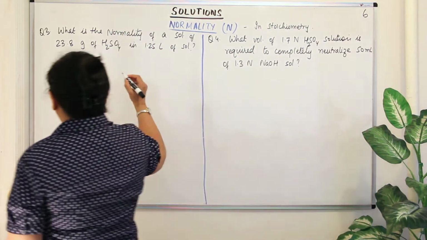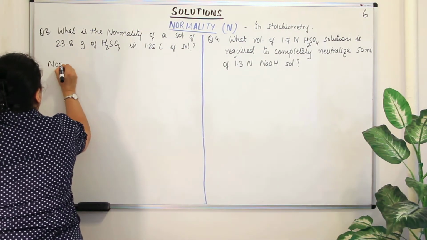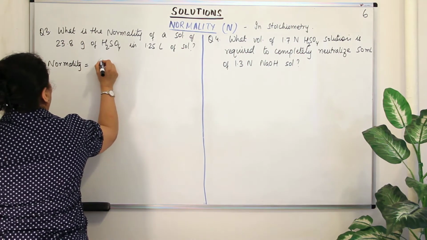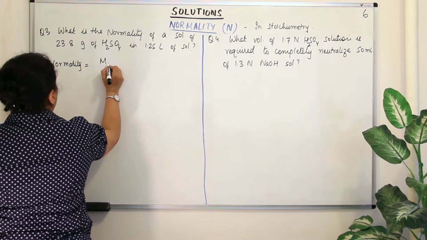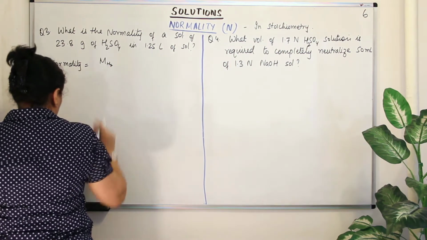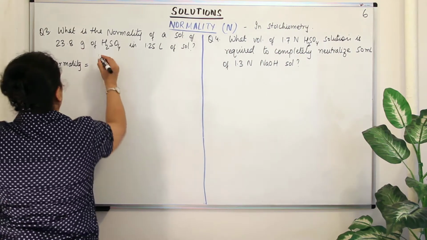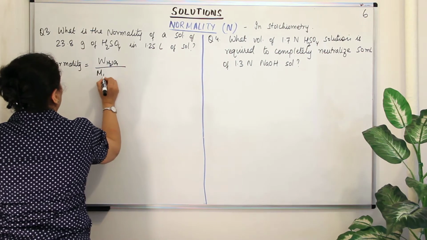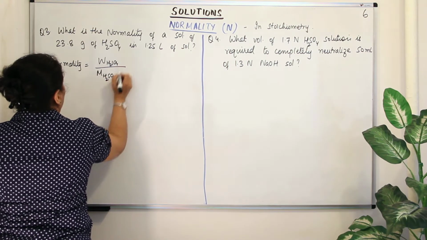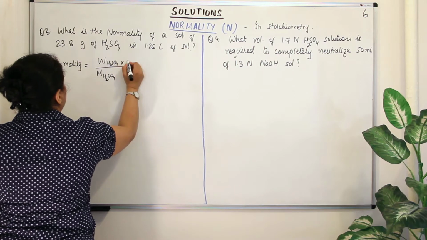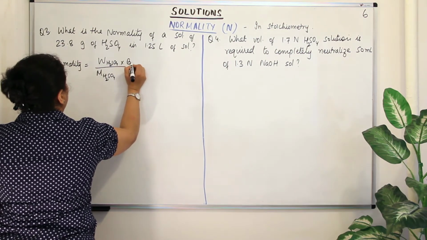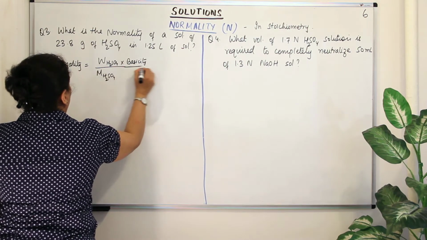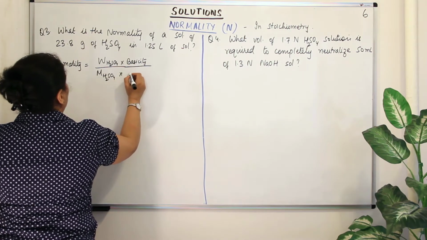Again, we know normality is equal to the weight of the solute, that is H2SO4, upon the molar mass of the solute, into the basicity of the acid, or the hydrogen ions, into the volume of the solution.